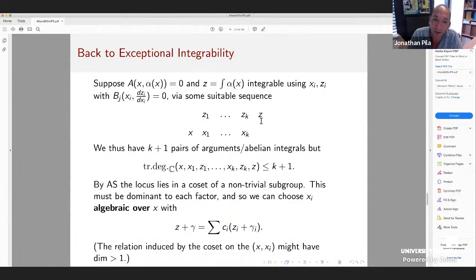But it may have dimension bigger than 1, and in that case, you can re-choose your xi's to be a curve in that higher dimensional thing. So at the cost of choosing new xi's, you can take the xi's to be algebraic over x and the z to be linear over the zi's, again, modulo algebraic functions whose derivatives belong to suitable moduli.